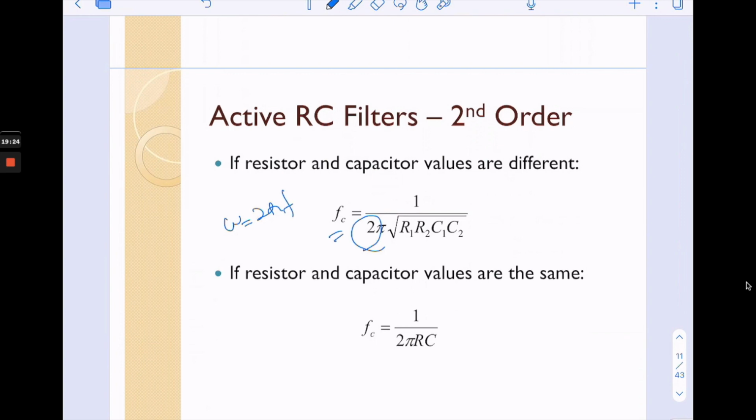So if resistor and capacitor values are the same, meaning R1 equals R2 and C1 equals C2, we can simplify the cutoff frequency of the filter by just taking fc equals 1 over 2 pi RC, or you can have omega c equals 1 over RC.